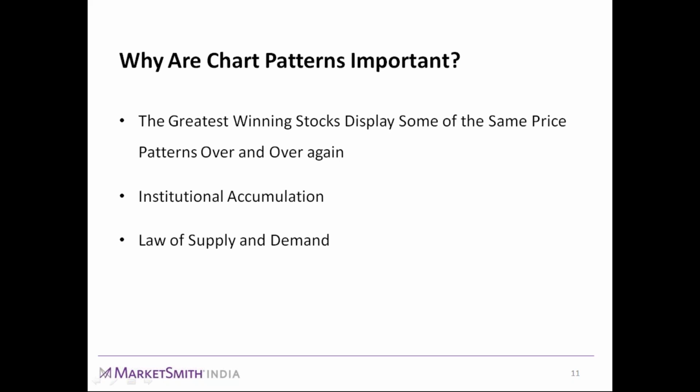When such institutional accumulation happens, there is less supply of the stock and more demand, and that's when the price starts moving higher. As a retail investor, if you can spot these chart patterns well and early, you can make the best of these price up moves. So we'll see how you can identify some of these patterns.